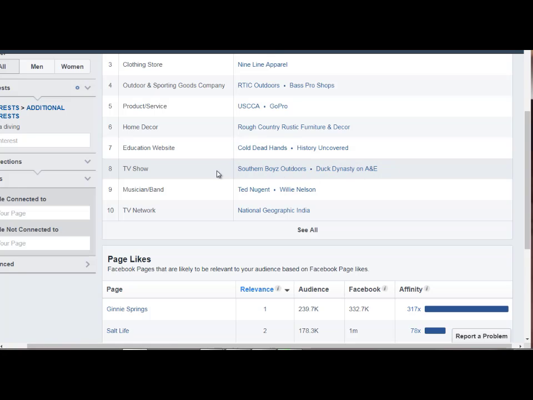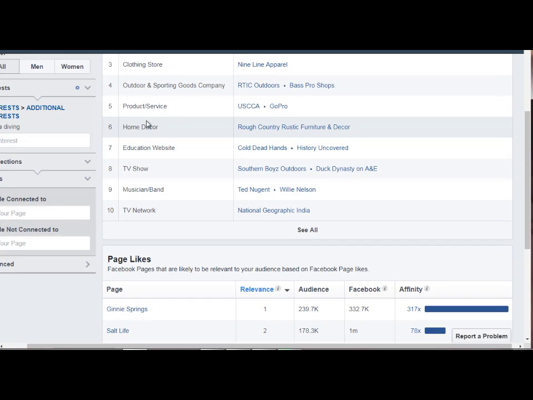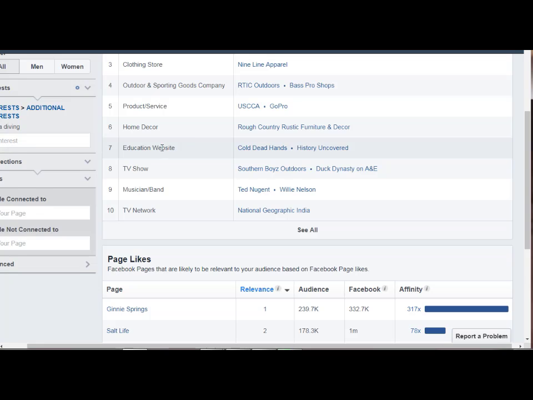So imagine being able to target males from ages 25 and up, or maybe 25 to 45, who like Duck Dynasty and scuba diving. So you can create these conditional targets and target people specifically.